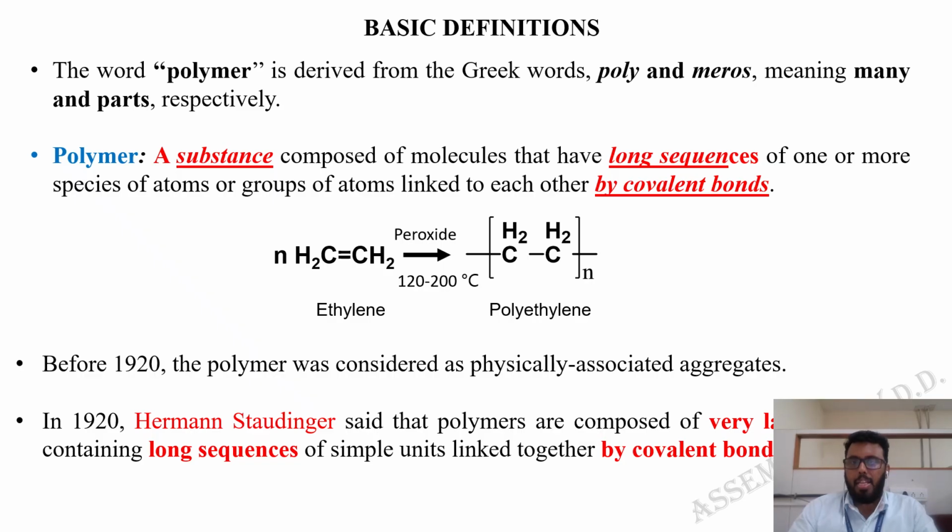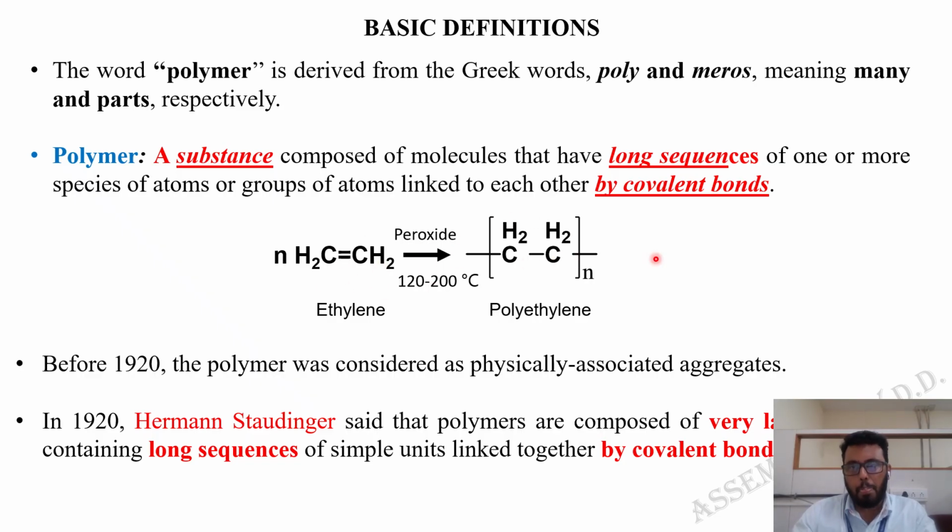So like ethylene, let's take a simple alkene, that is n moles of ethylene. Then if you react this with peroxide at 120 to 200 degrees Celsius, then this unsaturated double bond will undergo polymerization, and it will be converted into a single bond, which means this is a single monomer unit, CH2 double bond CH2.